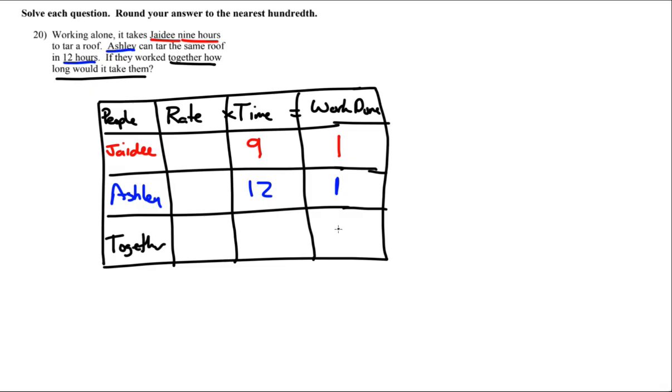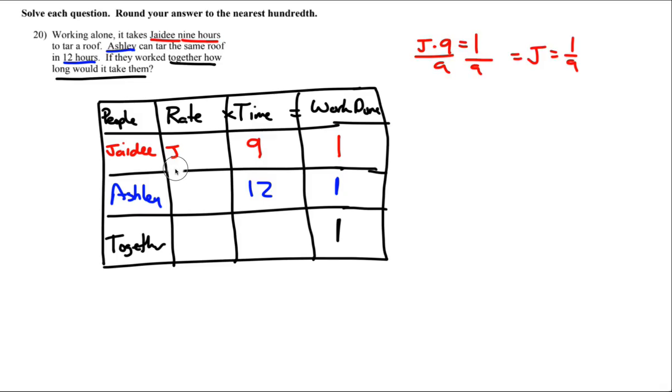Okay, well, we know that together they're going to still do the same roof. And now we have to figure out the rate. So if rate times time equals the work done, then if I call this J for JD's rate, then J times 9 equals 1. If I divide by 9 on both sides, I get that J equals 1/9, which makes sense.